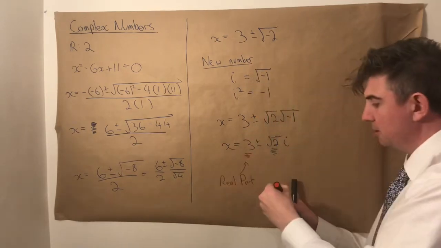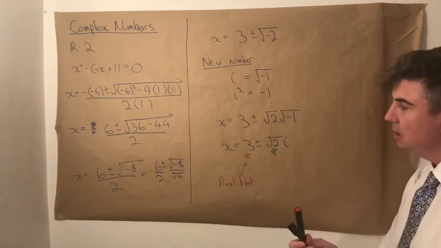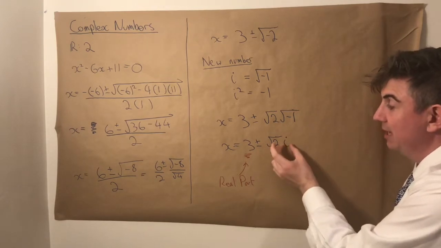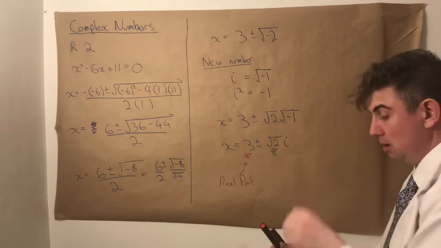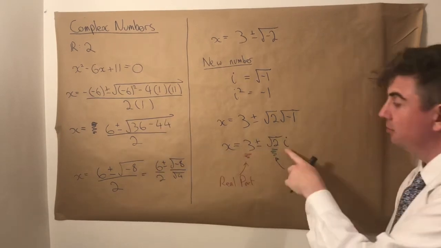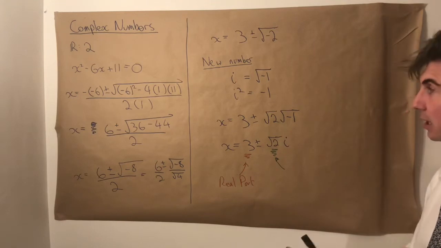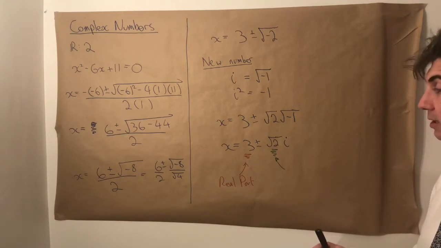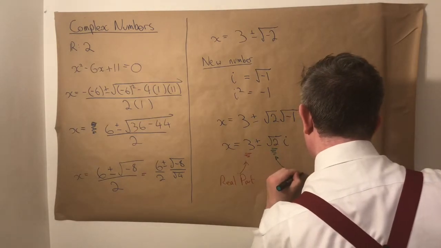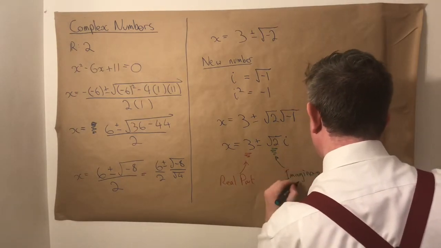That's a real part. And there's also this thing here. Crucially, it has to have an i in it to be the second part. The language is appalling. Don't worry too much about why it's called this. It's just called the imaginary part.